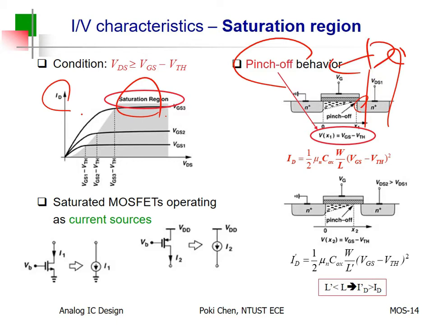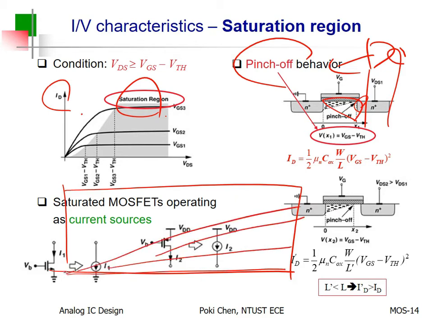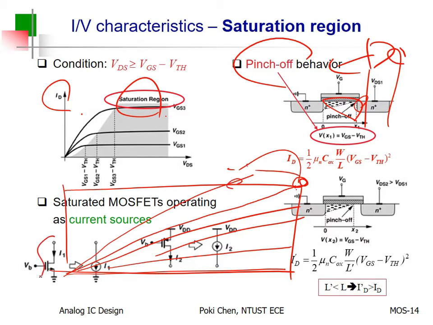Again, this is the cross-sectional view for the channel here. From the very beginning, then, congratulations, pinch off. That is a saturation point. But if you further increase the drain voltage, it will become that. Got it? The pinch off point will be moved from drain toward source.